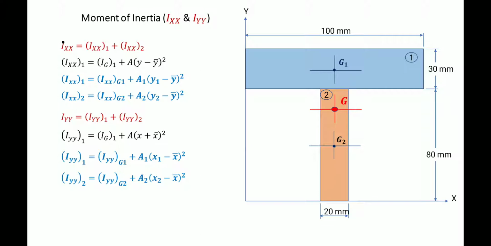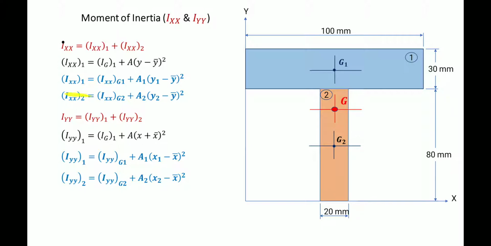If you are calculating about this axis, it has some distance, and this distance we have to take into consideration, which is taken from the parallel axis theorem, already studied, right? The moment of inertia about the centroidal axis plus A into h square, area into distance square. The distance is found easily from y1 minus y bar.